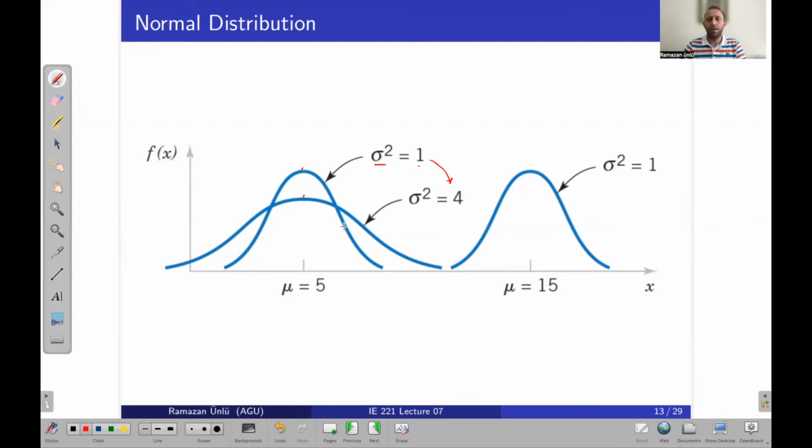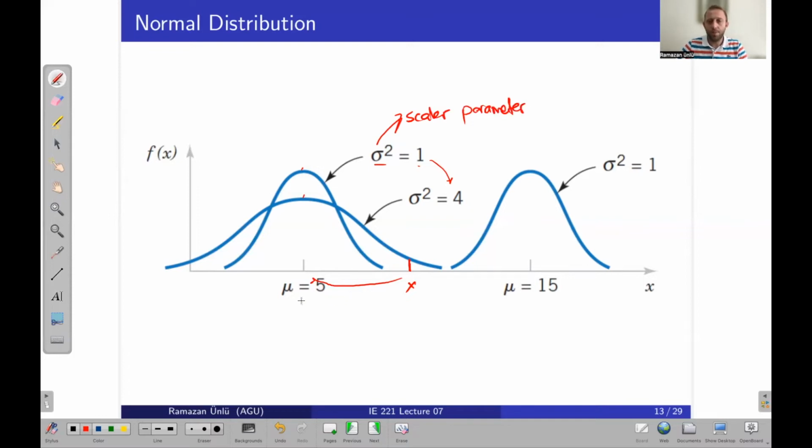If it is wider, there will be points much farther from the mean, and in this one the points will be closer to the mean. So we expect that. Because this changes the shape of the normal distribution, it is called the scale parameter.